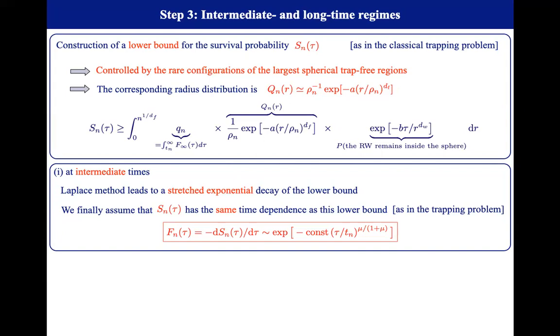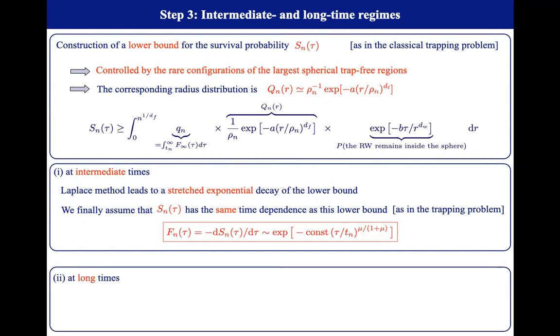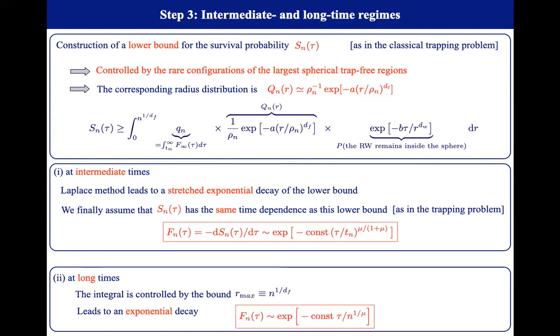At largest time, something different happens. The value of the integral is controlled by the value of r outside of the integral. So it means that it is controlled by the upper side of the interval. And finally, you end up with an exponential decay of Fn. So very schematically, this is how you obtain the stretched and the exponential behavior I gave you previously.